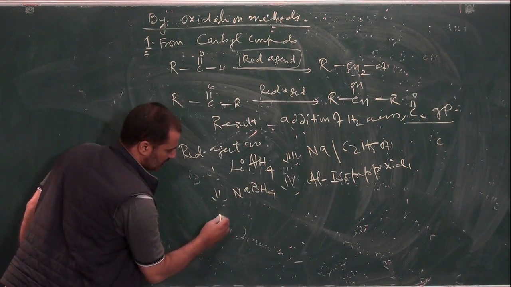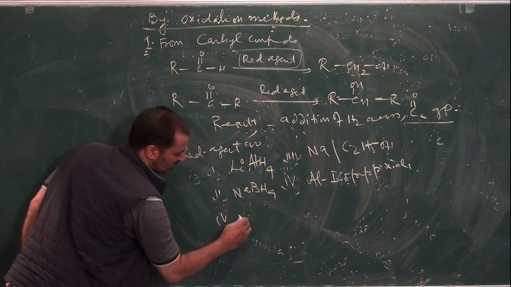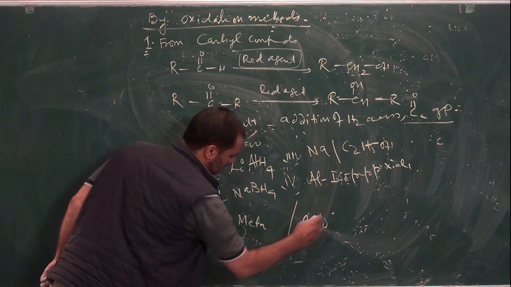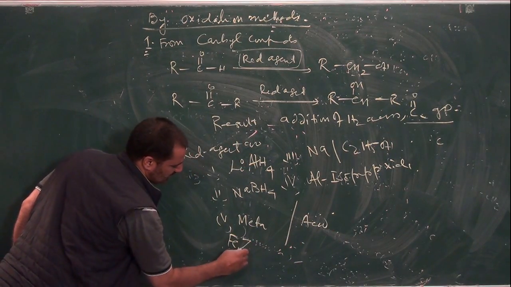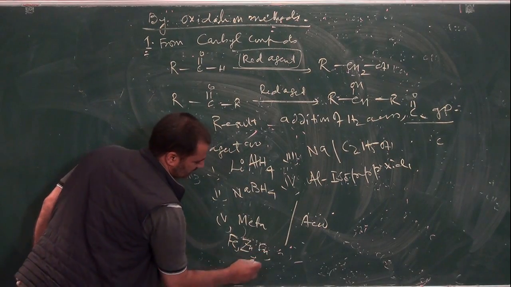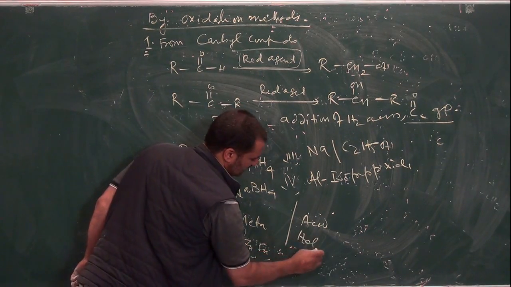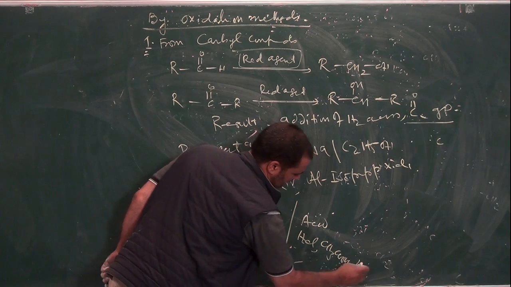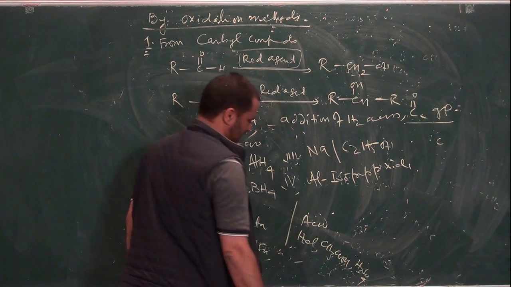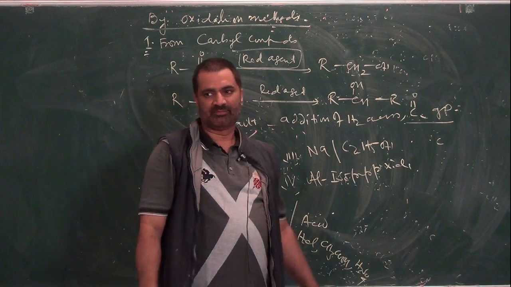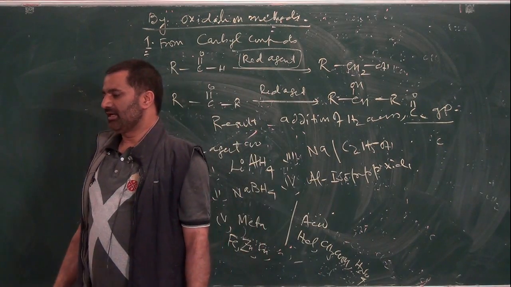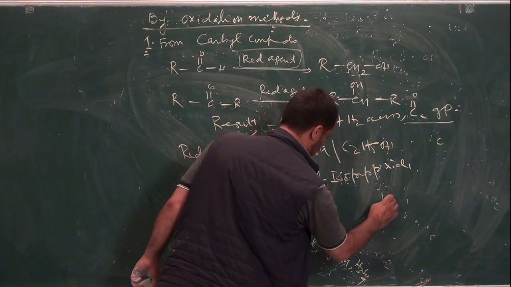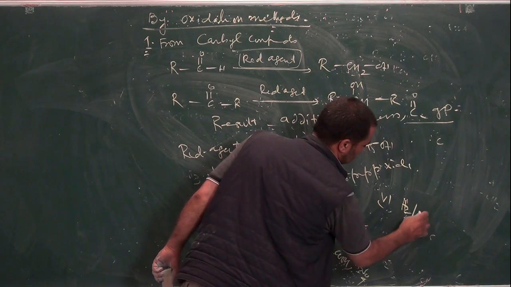Number five, metal with acid. Metal can be iron, zinc, or tin. Acid can be HCl, CH3COOH, or H2SO4. So this is the fifth reducing agent. Then we have hydrogen with nickel, which is very important. That is the sixth.